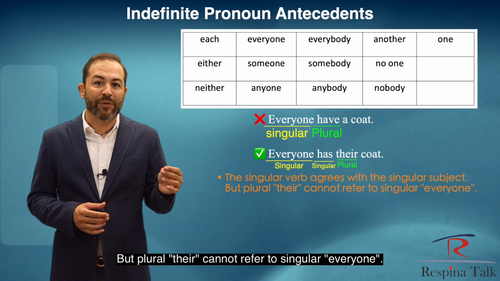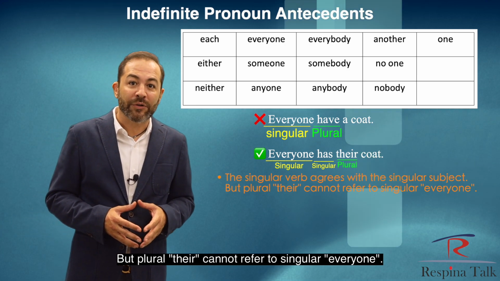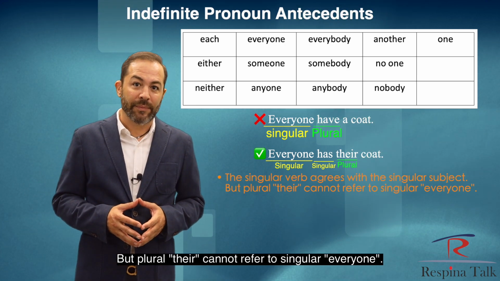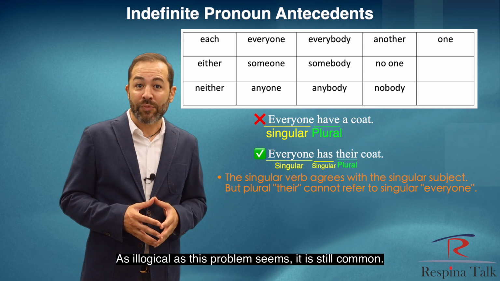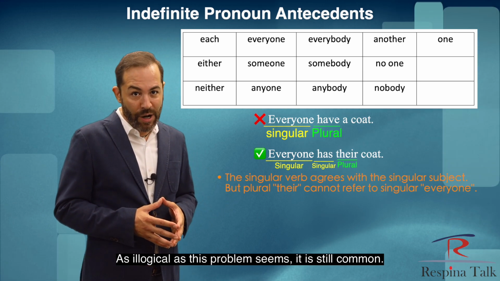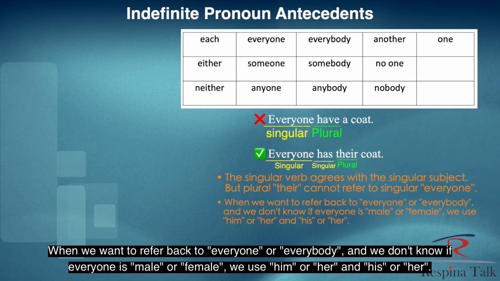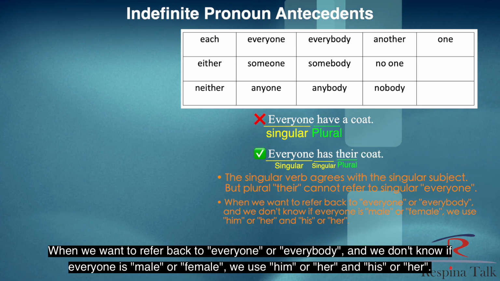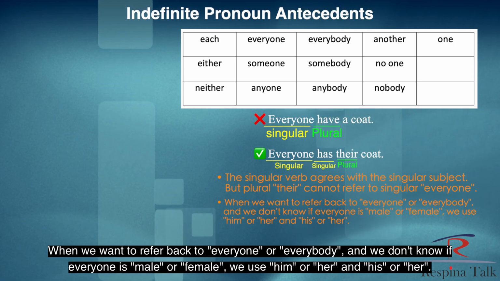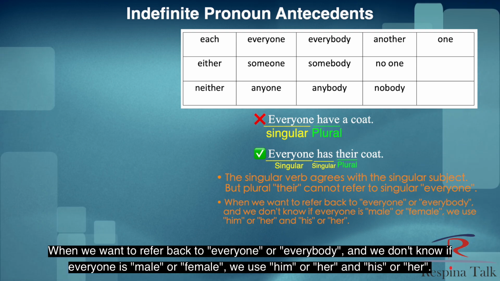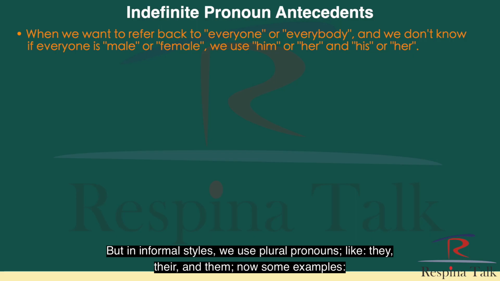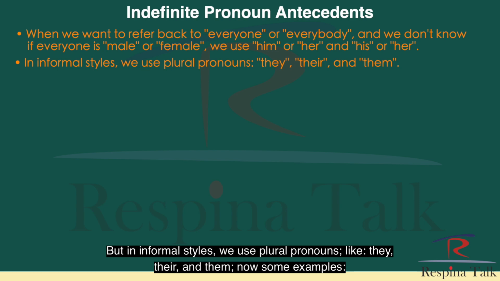But plural their cannot refer to singular everyone. As illogical as this problem seems, it is still common. When we want to refer back to everyone or everybody, and we don't know if everyone is male or female, we use him or her and his or her. But in informal styles, we use plural pronouns like they, their, and them.